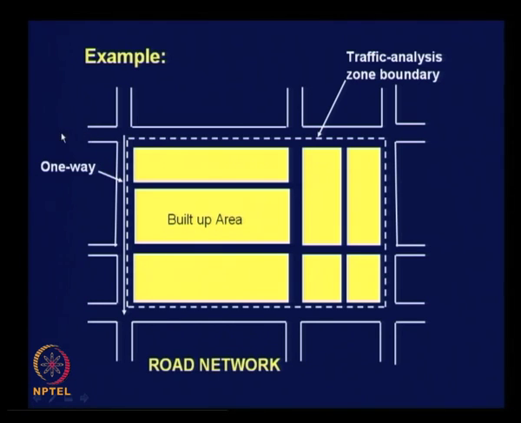In the horizontal direction, one road on top, one more road here and one more road here. There are 3 parallel roads in the east west direction that are relevant to this traffic zone. In addition, you have one minor road in the east west direction, one more minor road, this alone is the additional road in the east west direction.